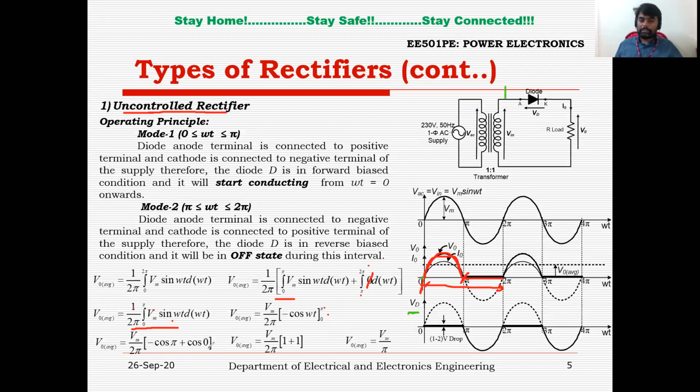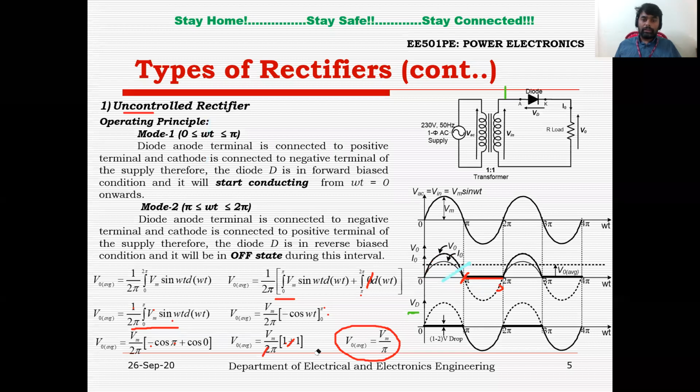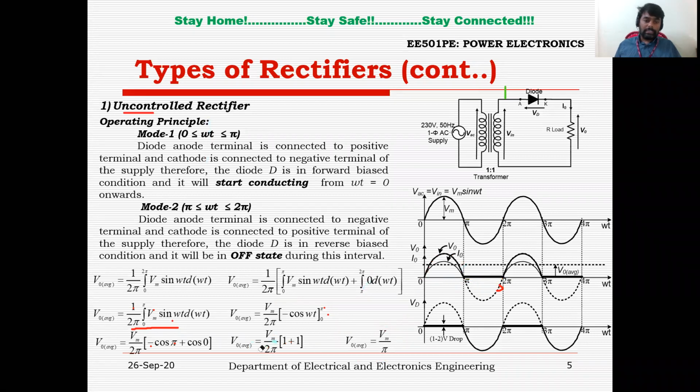You know cos 180 is minus 1, so this minus 1 becomes plus 1, and cos 0 is 1. So 1 plus 1 is 2, and these 2 and these 2 get cancelled. So we'll get the average output voltage as Vm by pi. So this is about the uncontrolled rectifier, where you can see the output voltage is not controllable.